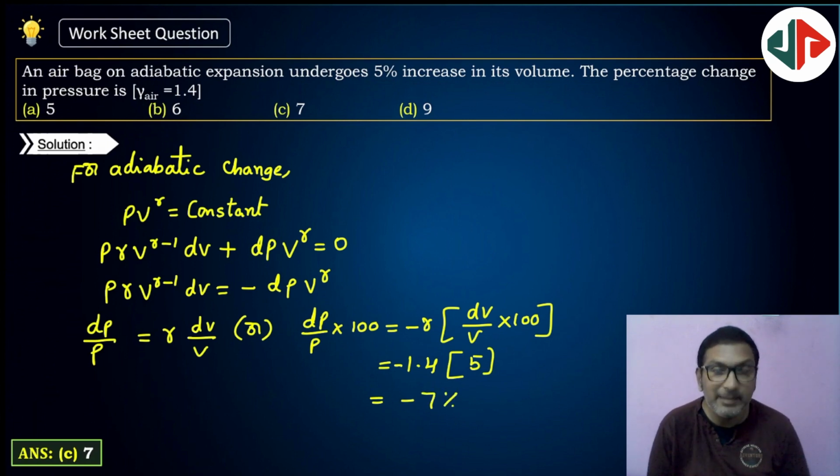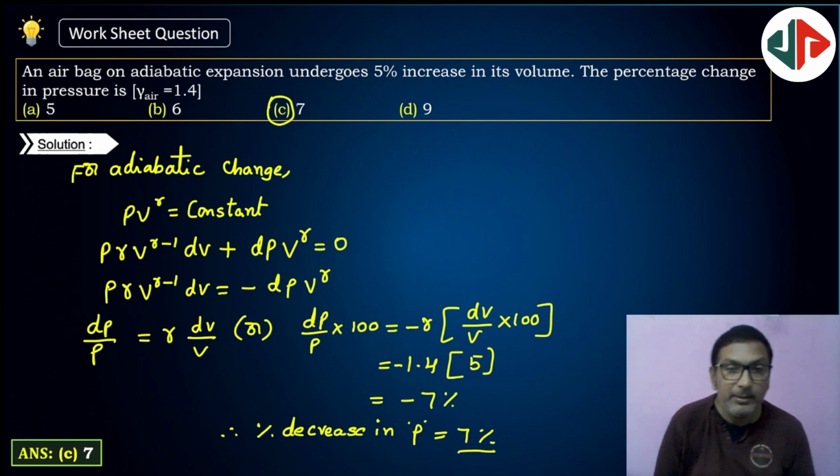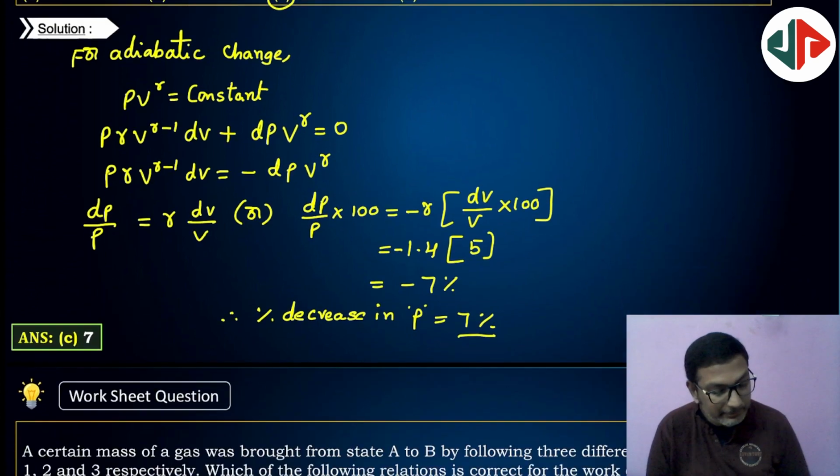So here minus indicates decrease. So therefore percentage decrease in pressure equal to 7%. Therefore option C. Next.